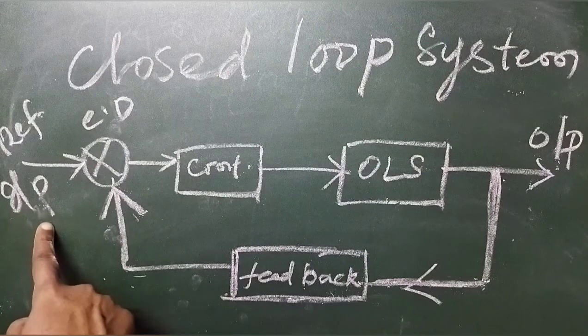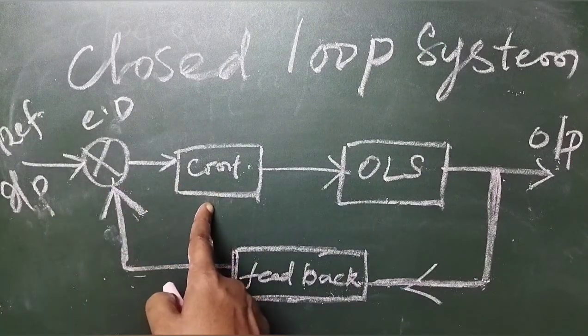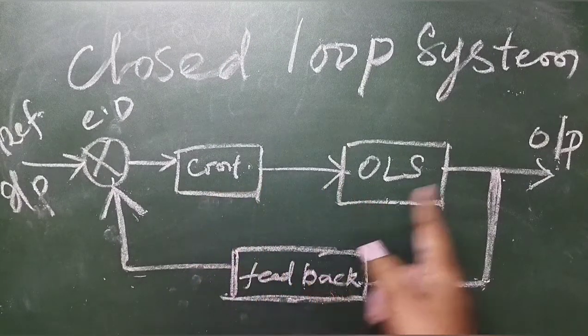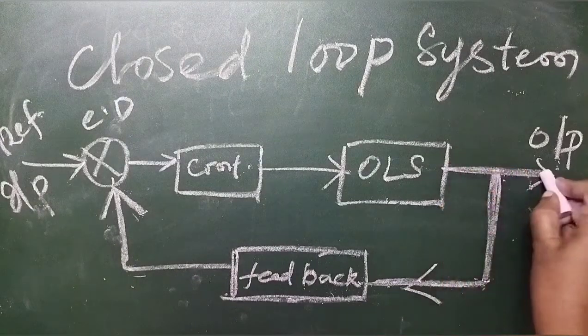Once you give an input to a particular system, it is given to a controller, then to an open loop system, then you get certain output here.